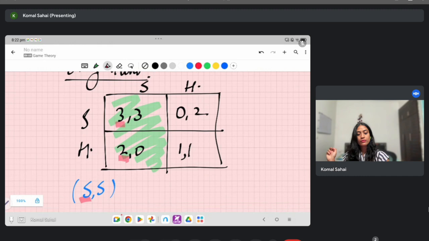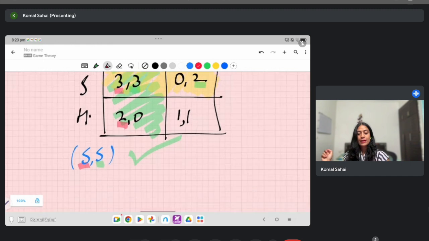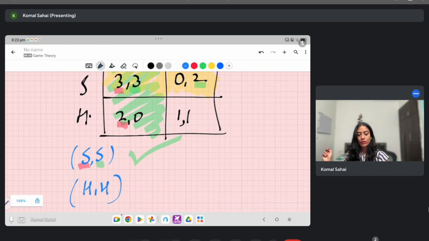From the point of view of player 2, if player 1 is going to play S as is specified by her equilibrium strategy, right, then if she sticks with S, she will get 3, whereas if she goes to H, she will get only 2. Okay, so this qualifies, there will be no deviation. Another one that you will find will qualify is H comma H. Check this, this will also qualify, okay?